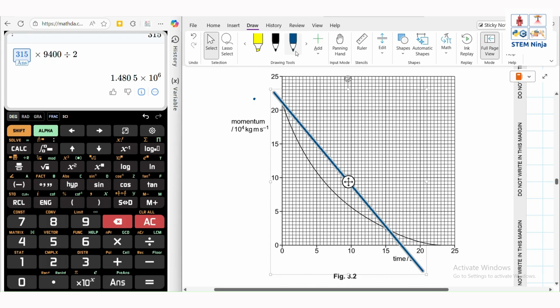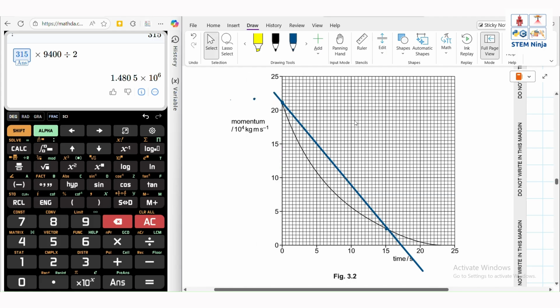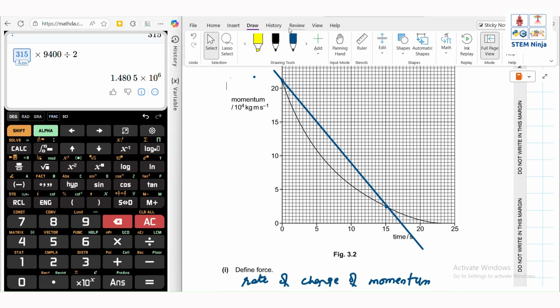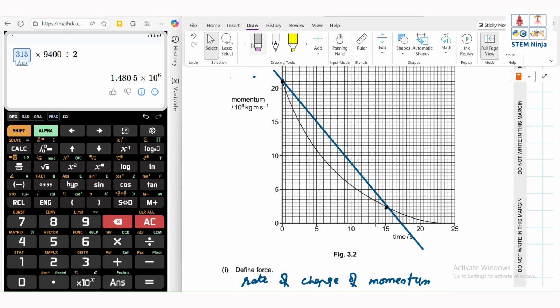Right, now we need the values. So we first have to see what the values are. 5 is distributed between 10, so this means that this is 0.5 per small grid.